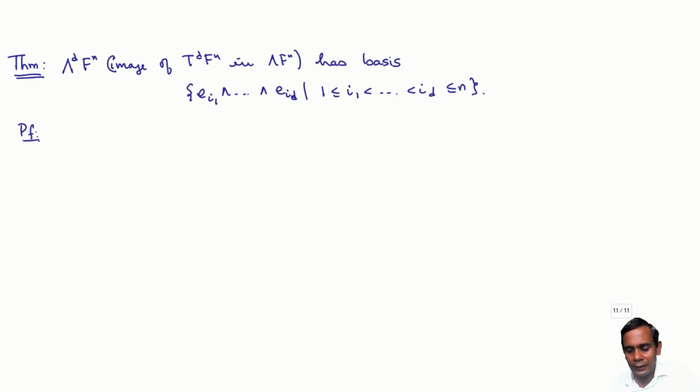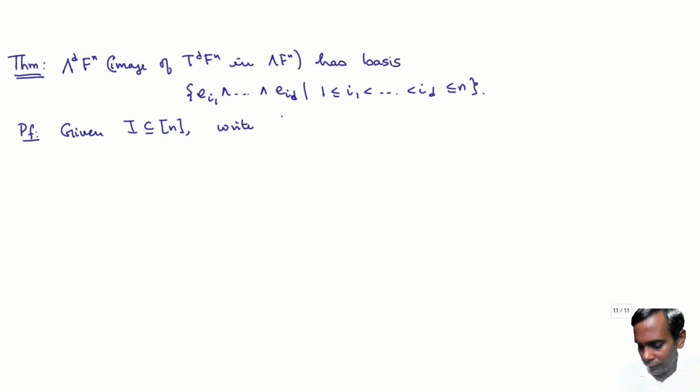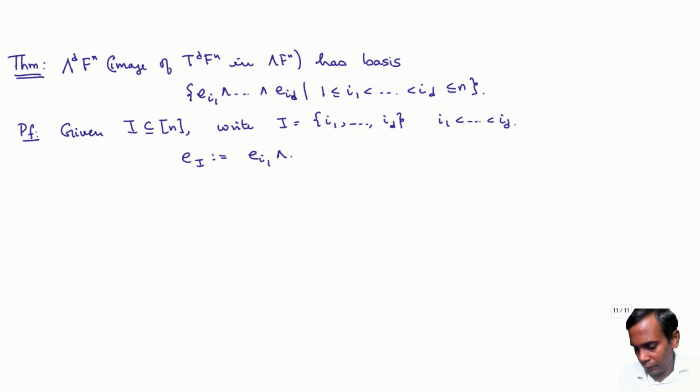In order to do that, it's convenient to use somewhat set theoretic notation. So given a subset I of n, write I in increasing order. Let's say I has d elements. Then you define E_I to be E_I1 wedge E_ID.